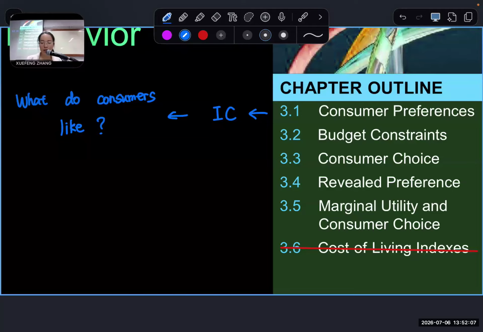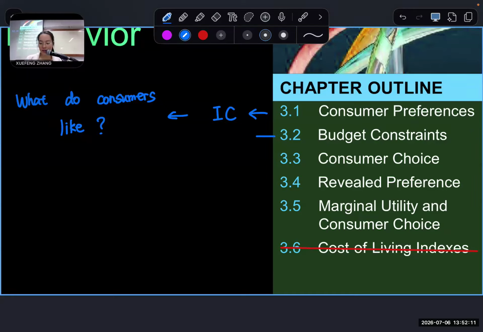Next, we talk about the budget constraint, which is related to the budget line, and the question of what they can afford.